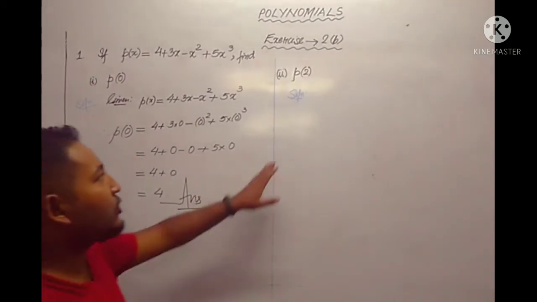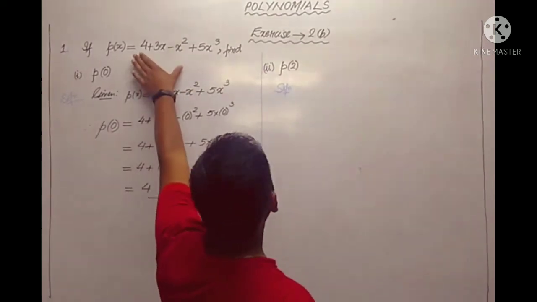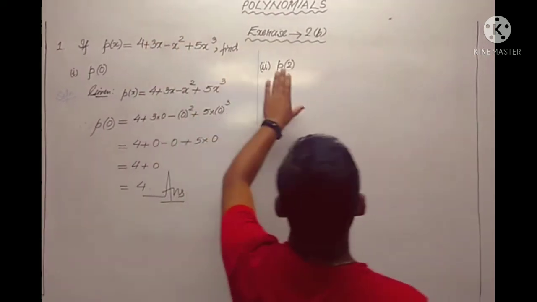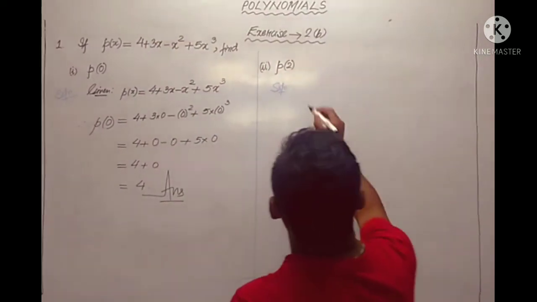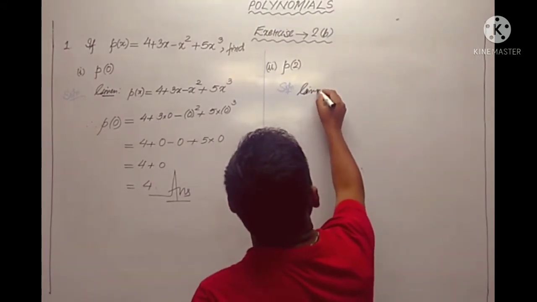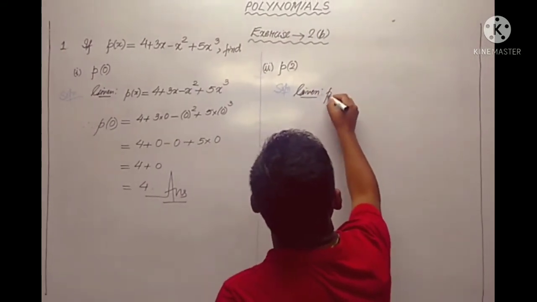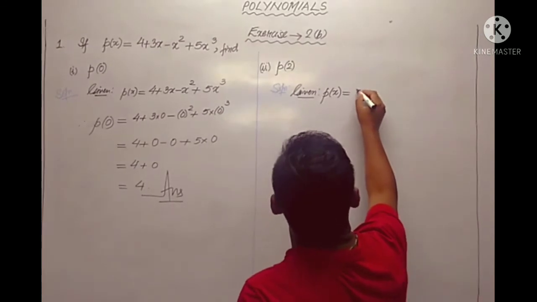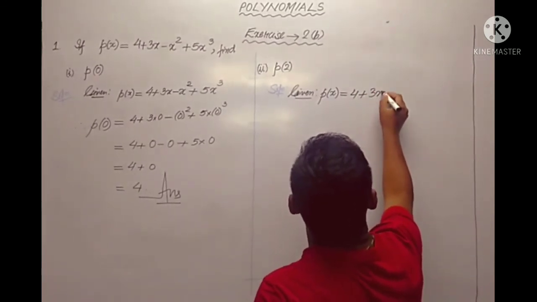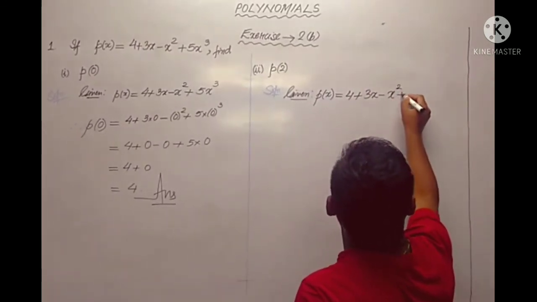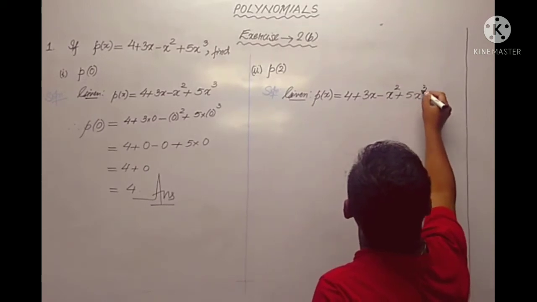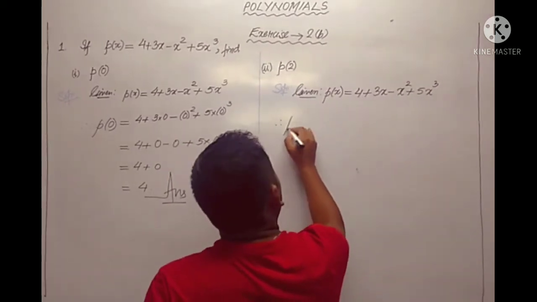Now if you look at the next question, same polynomial p(x), but you have to find out p(2) now. Again, solution. Given p(x) equals to 4 plus 3x minus x square plus 5x cube. So you have to find out p(2).